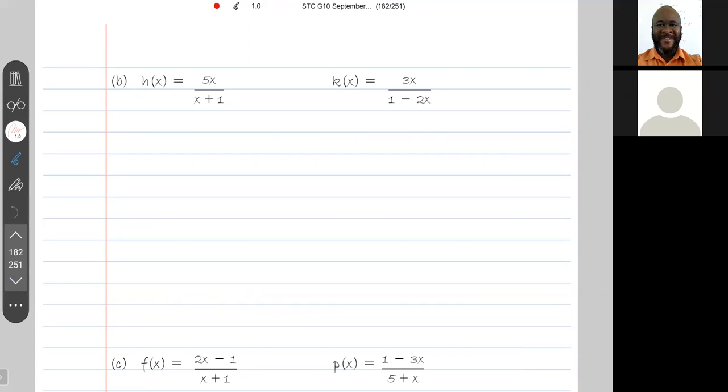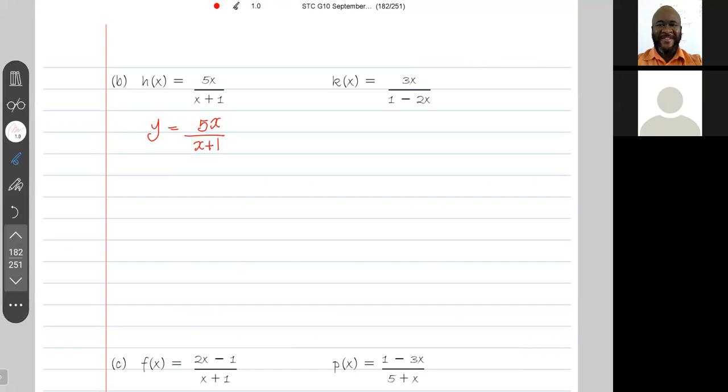So B says h of x is equal to 5x over x plus 1, and we must find the inverse. Finding the inverse of a function is 4 steps, and step 1 is to take out h of x and say y is equal to 5x over x plus 1.